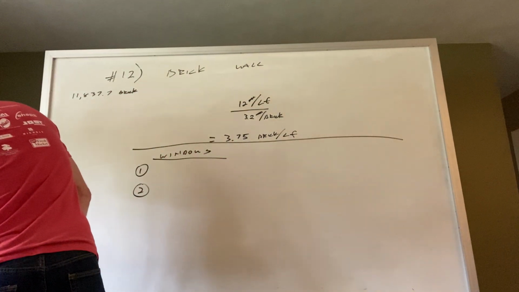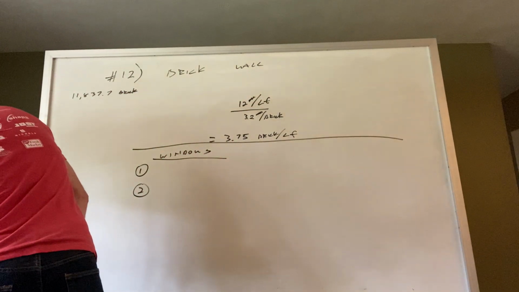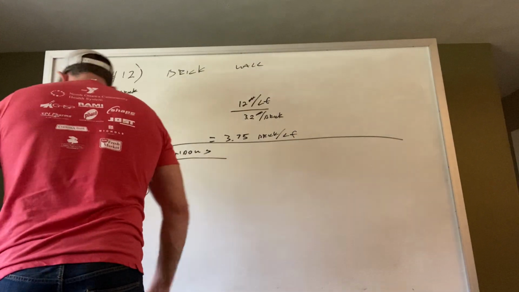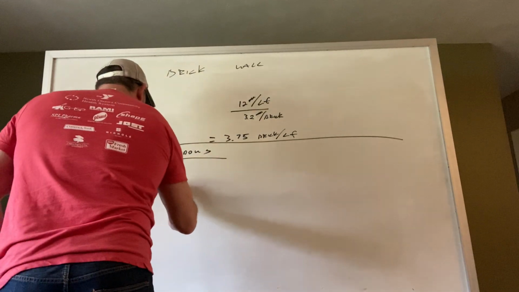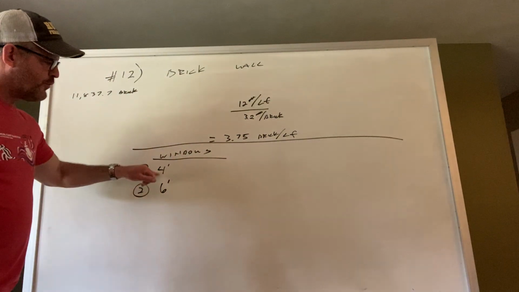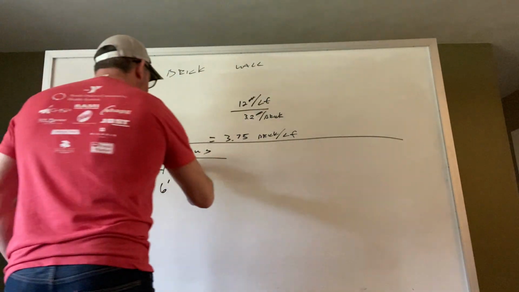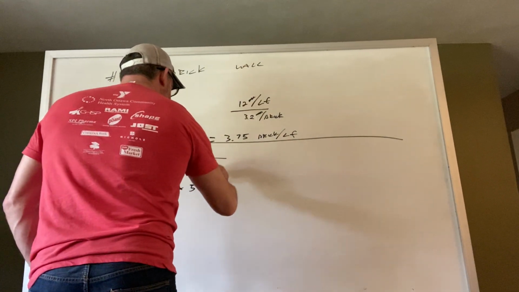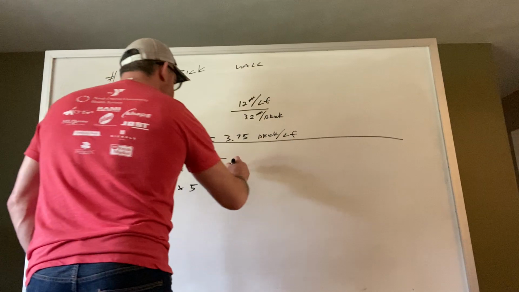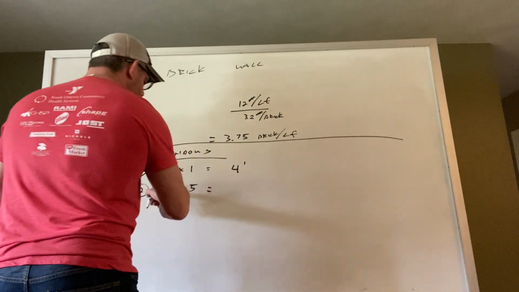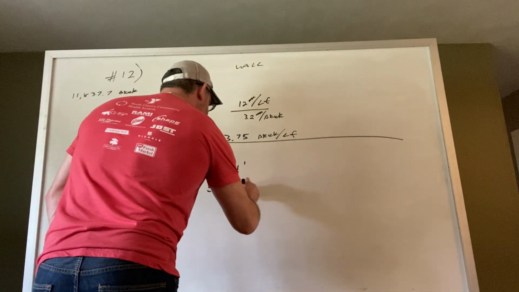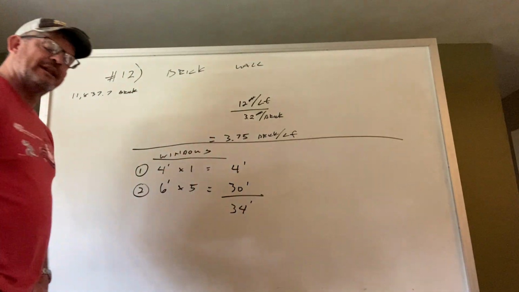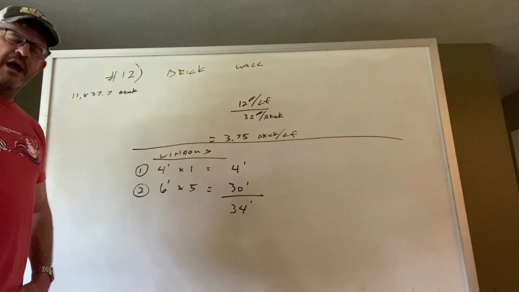So I look at that and I've got one window at 4 foot, and I've got another window at 6 foot width. I've got 1 of the 4 foot width and 5 of the 6 foot width. So 4 foot times 1 equals 4 foot. 6 foot times 5 equals 30 foot. So I have a total of 34 lineal feet of window width.